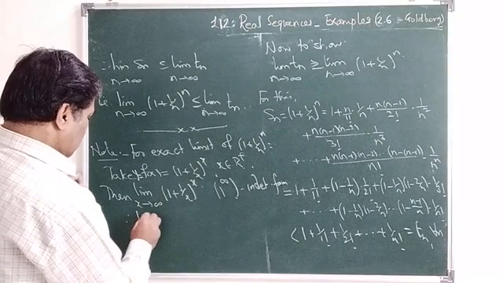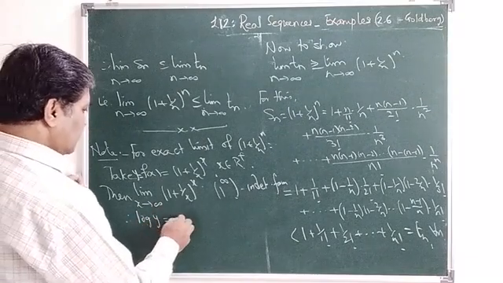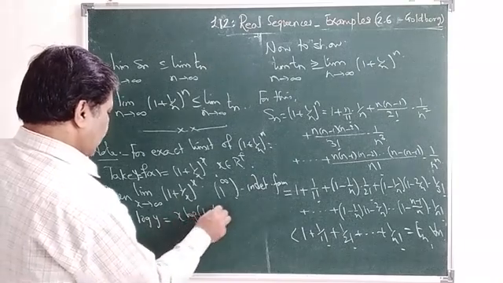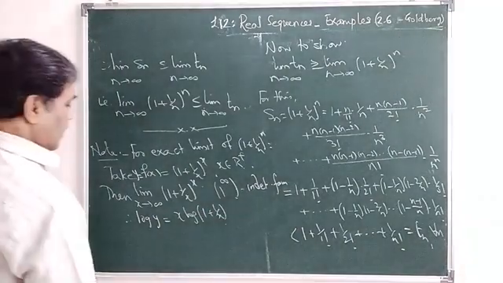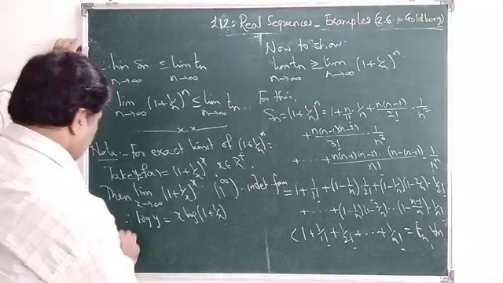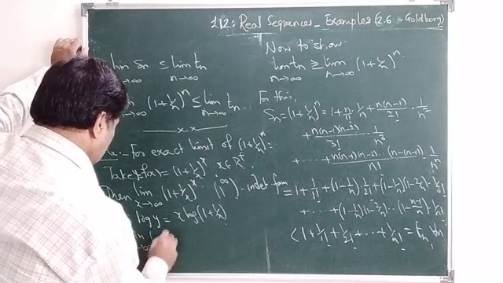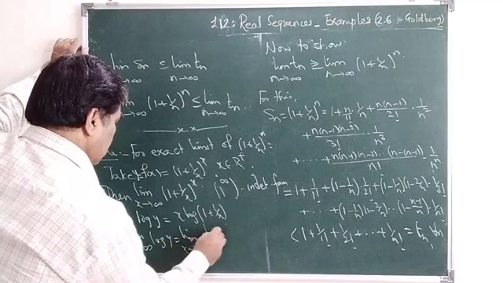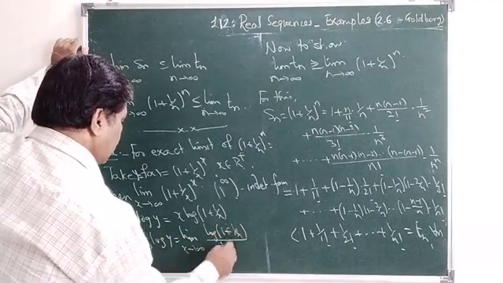So we'll take here log y, what is log y? Log y is nothing but x into log of 1 plus 1 upon x, right? And then limit x tends to infinity of log y is equal to limit x tends to infinity of log of 1 plus 1 upon x upon 1 upon x.